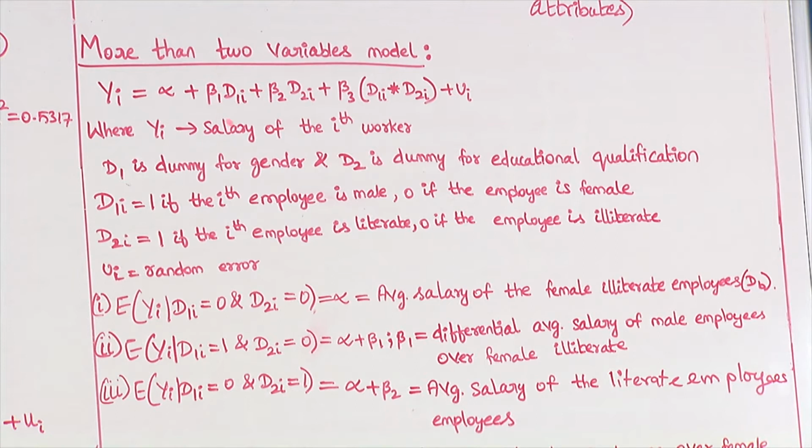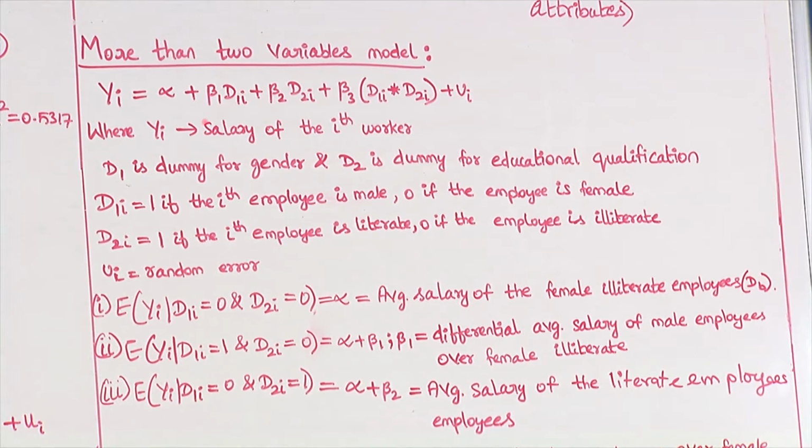Beta 1 usually measures the difference between the male and female employees' average salary. Beta 2 measures the difference in the average salaries of the literate and illiterate employees.